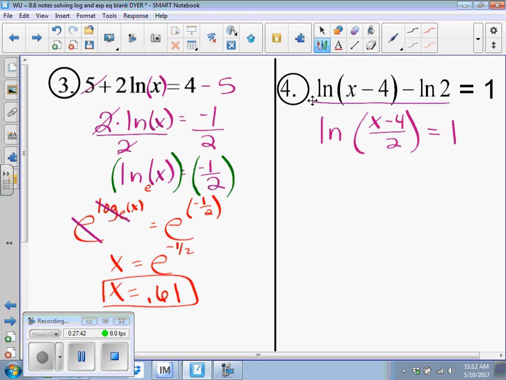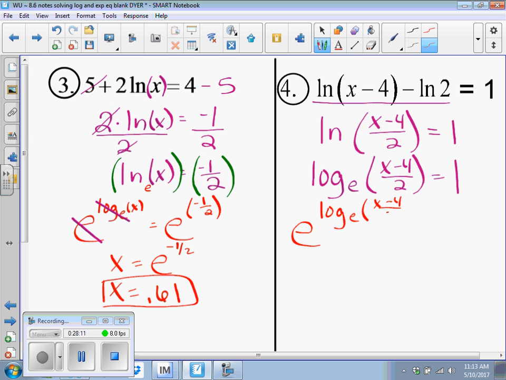Now, ln is the same thing as log base e. So, I'm just going to rewrite it just so no one gets confused. Okay? So, I've got my log by itself. So, what's the base? e. So, it's going to be e to the log base e of x minus 4 over 2 equals e to the 1 power.